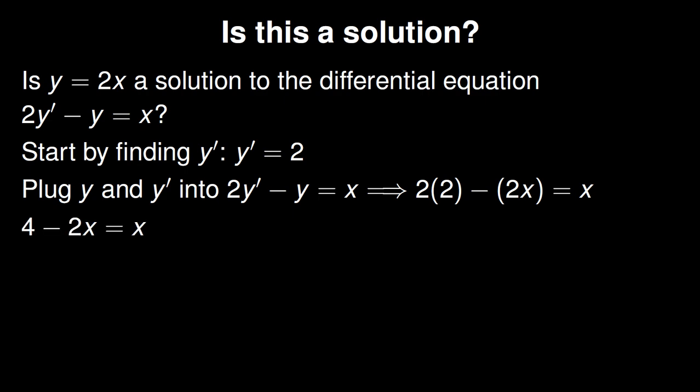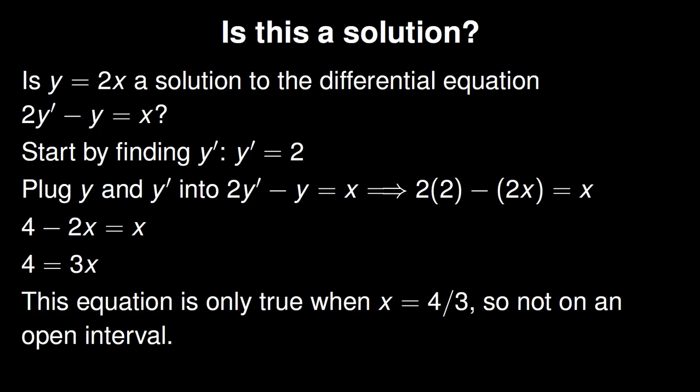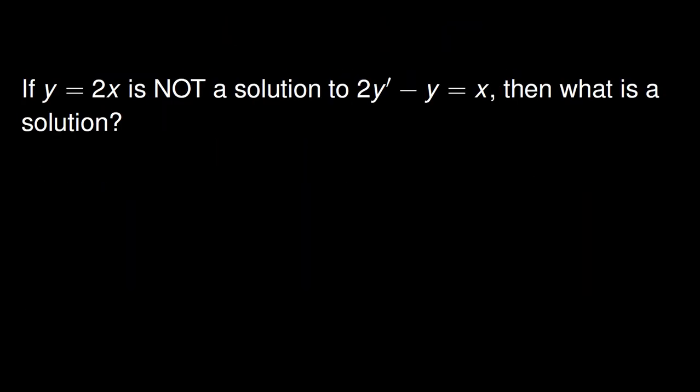Or if we simplify this, 4 minus 2x equals x. This can be simplified to the equation 4 equals 3x. And this equation is only true at the value 4/3, which is not an open interval. And therefore, no, y equals 2x is not a solution. It needs to be a solution where both sides are equal on some range or some interval of values.